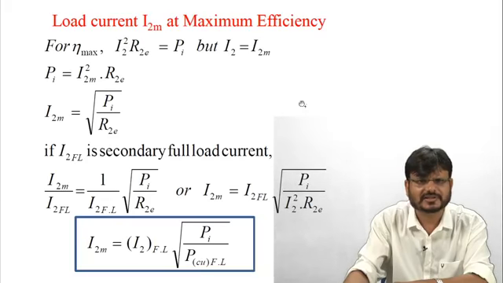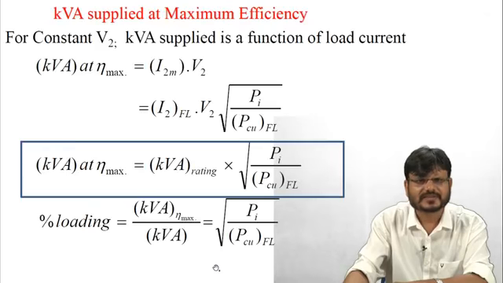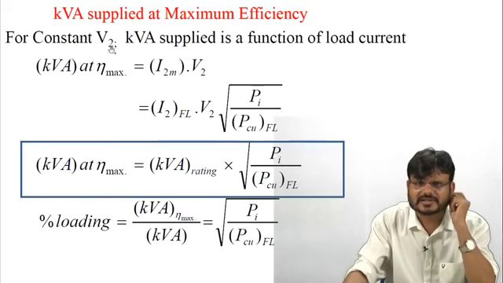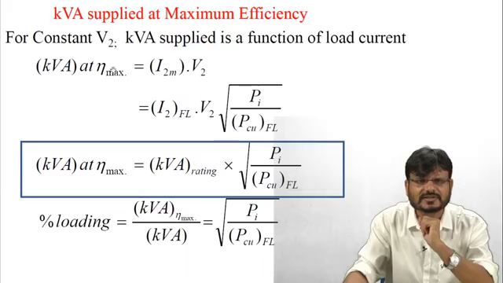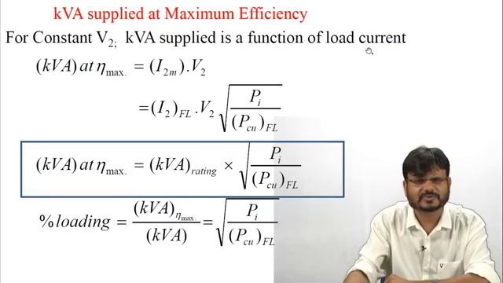I am not going to describe this formula in detail. You can understand the load current at maximum efficiency is equal to the load current at full load multiplied by the square root of Pi upon copper losses at full load, where Pi is the iron losses. Similarly you can find out the kVA supplied at maximum efficiency. For the constant voltage V2, the kVA supplied is a function of load current.